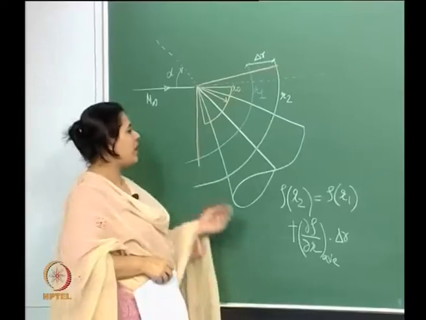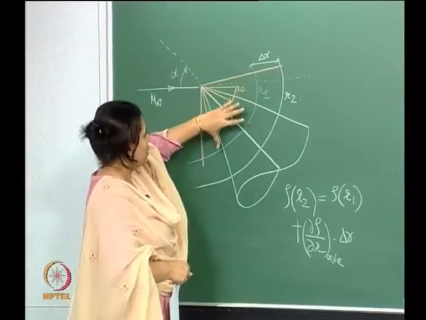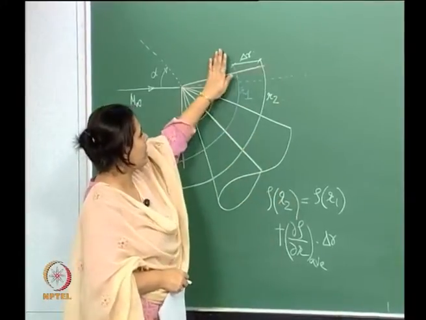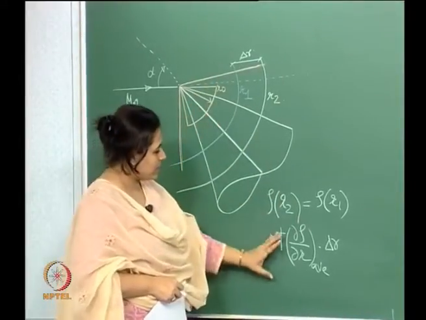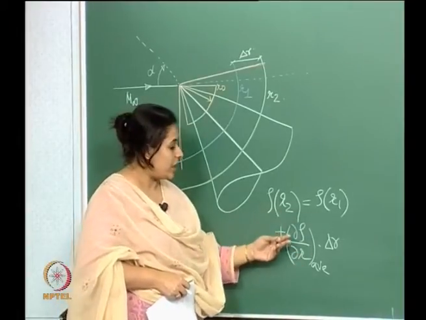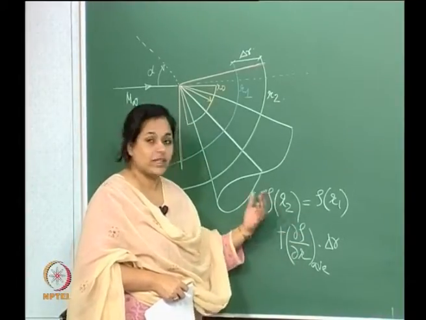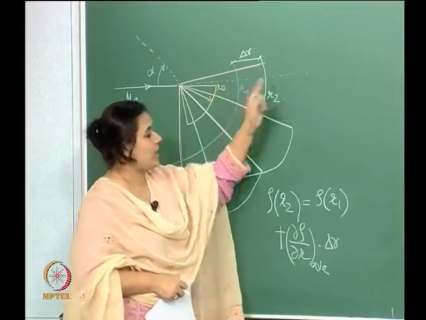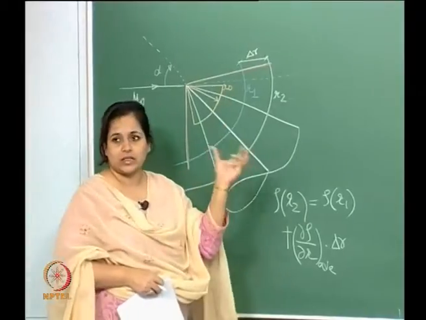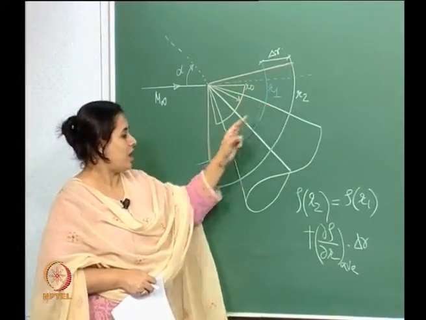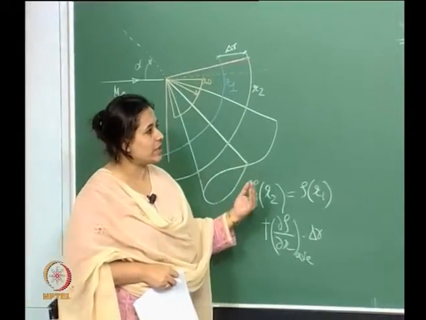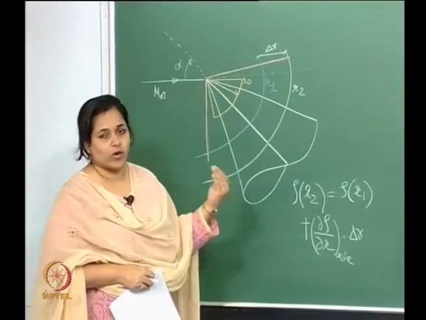The property here is equal to the value of the property here, plus the average rate of change of the property in the R direction into delta R, because that is the difference between R2 and R1. That is basically my step 4.